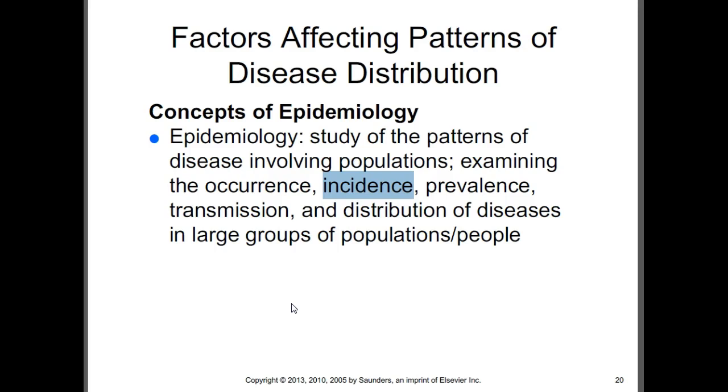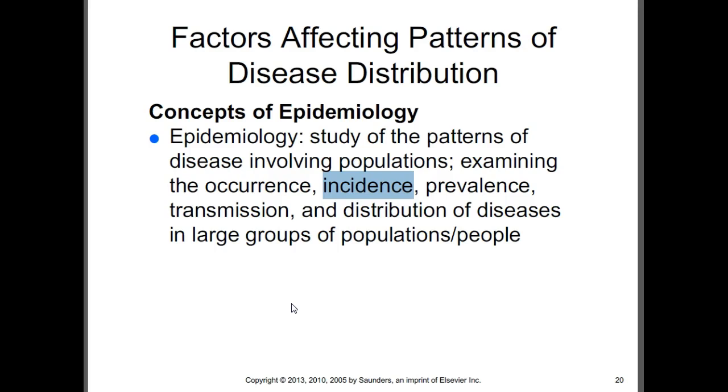So incidence is the new number of people that are diagnosed with, let's say, skin cancer. Prevalence are the people who already have skin cancer. So prevalence might be people who are already suffering, but the incidence is usually measured by year, might be measured by month, depending on the situation.